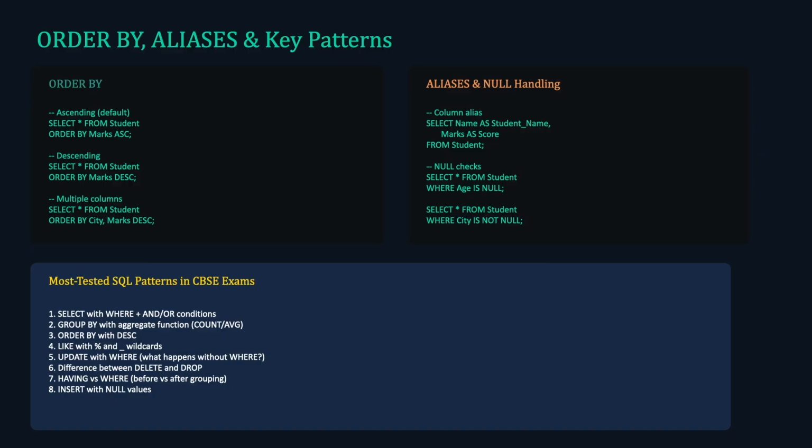You cannot use equals with null. The most tested SQL patterns in CBSE: select with where conditions, group by with aggregate functions, order by DESC, like with wildcards, update with where, delete versus drop, having versus where, and insert with nulls.